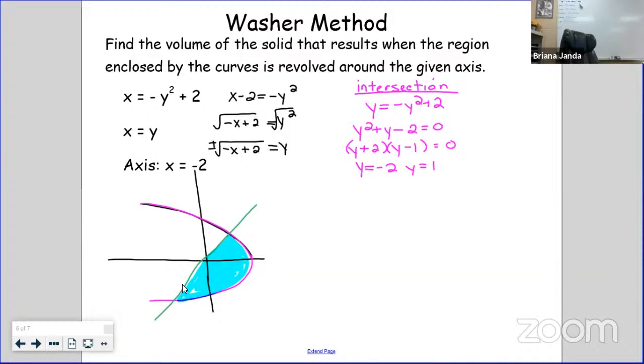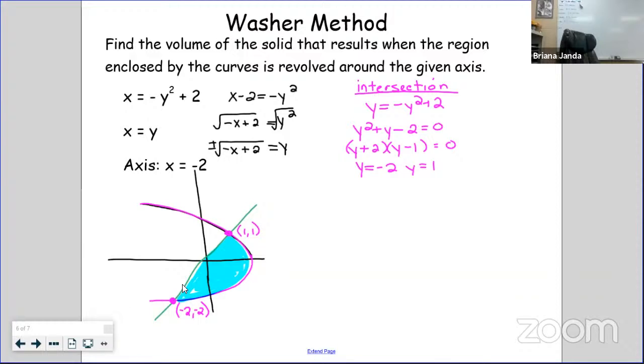And putting those back in here, I know that when I sub those back in, it is on the line x equals y, so that it'll be the same points. So 1, 1 would be here. That's one of our points of intersection. And -2, -2 would describe that point of intersection. Still good?